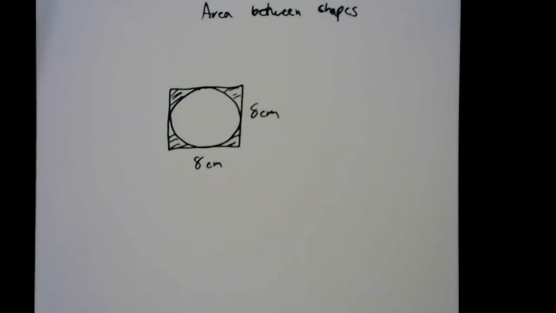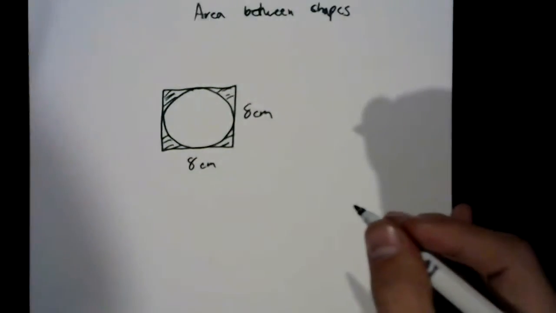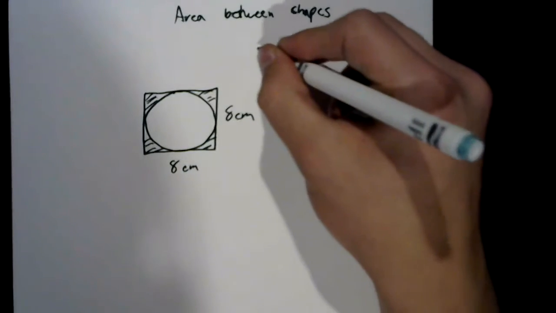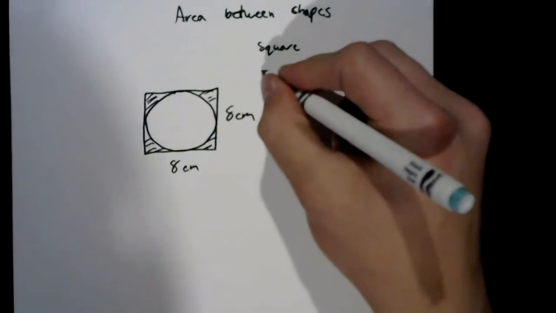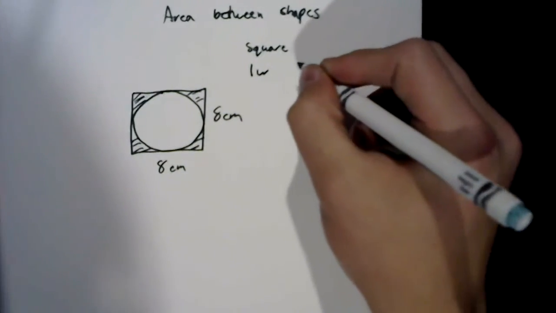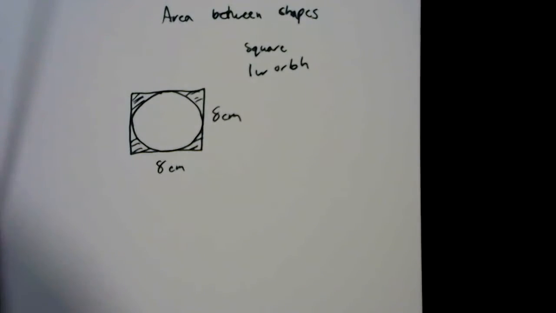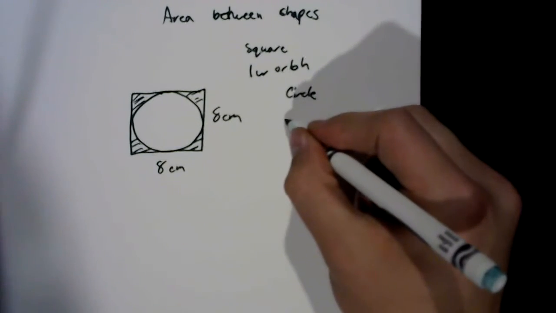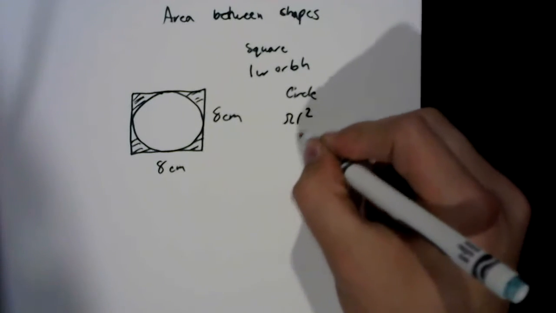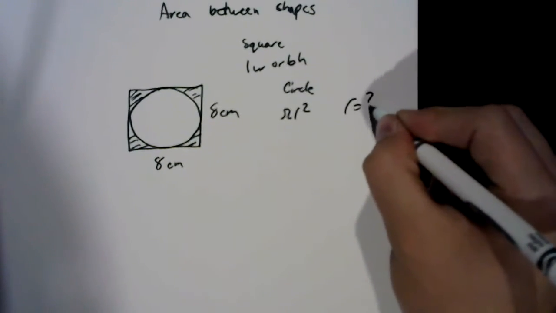We're asking, well, how do I find the radius of the circle to find the area? Because you'll have your two equations, your square equation, which is just length times width, or base times height, whatever you like to use. But your circle, you need to have a radius. And we have no idea what a radius is.